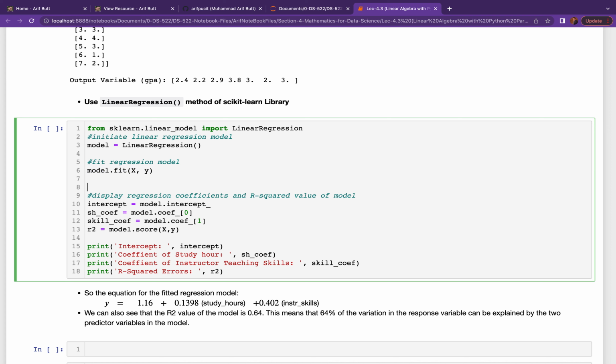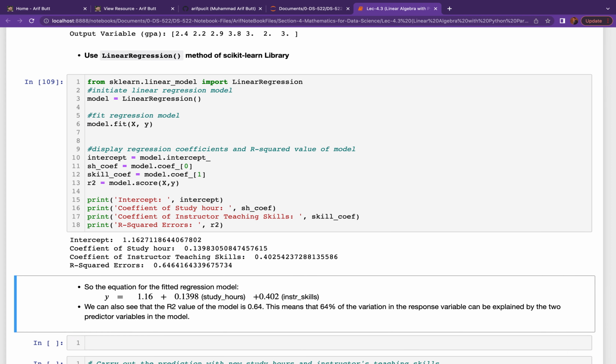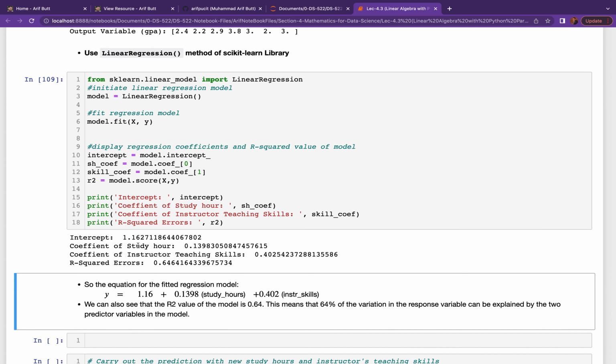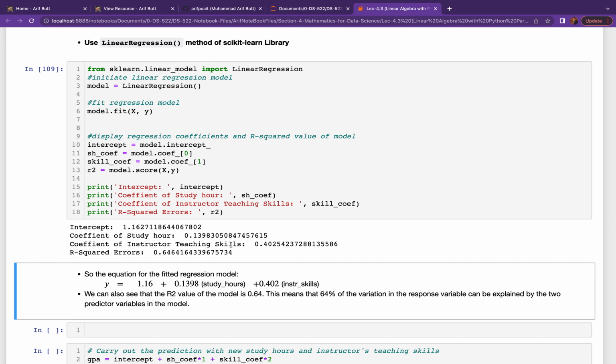Let me run this code. Great. So we have the intercept, coefficient of study hours, coefficient of instructor teaching skills, and the R-squared error as well. Great. So we can write the equation like this: y is equal to 1.16, that is the intercept, plus 0.1398, that is the coefficient of study hours, and 0.402 for instructor skill.